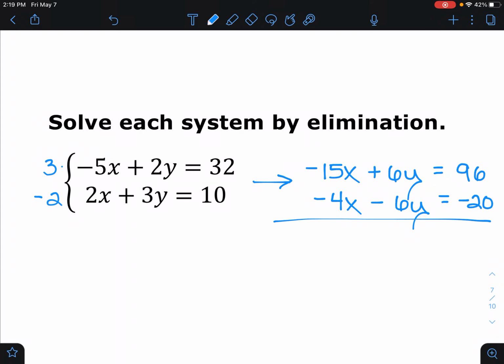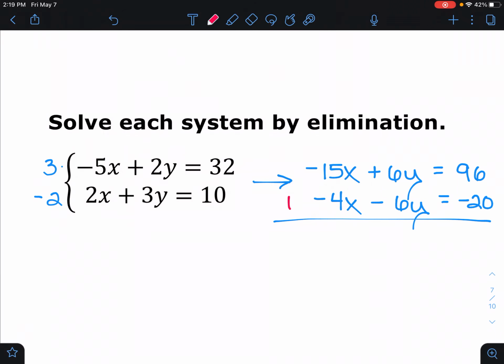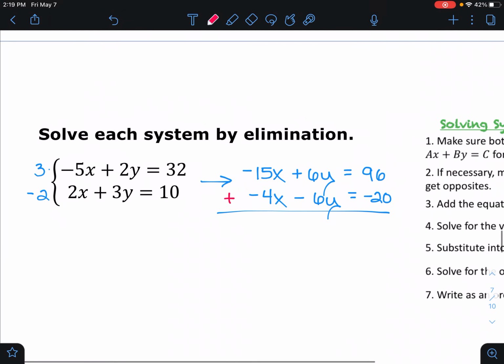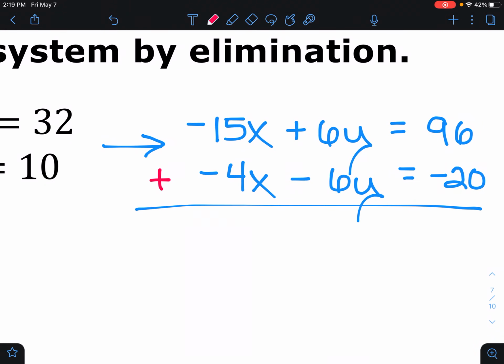Okay. Now I'm going to add these together. So I'm going to put a little plus sign here. See what we get. Negative 15x plus negative 4x is negative 19x. 6y plus negative 6y, they cancel out. That's 0.